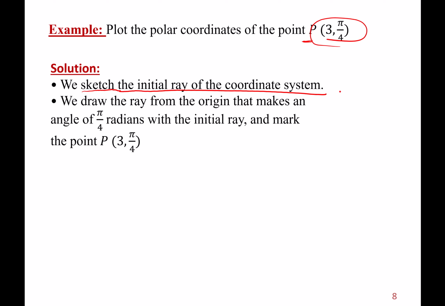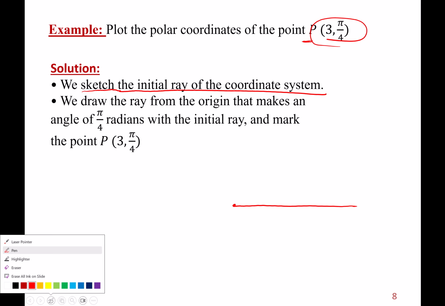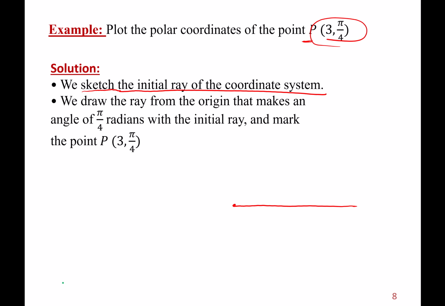Now we sketch the initial ray of the coordinate system, and then draw the ray from the origin. Our r is 3 and the angle is pi over 4.